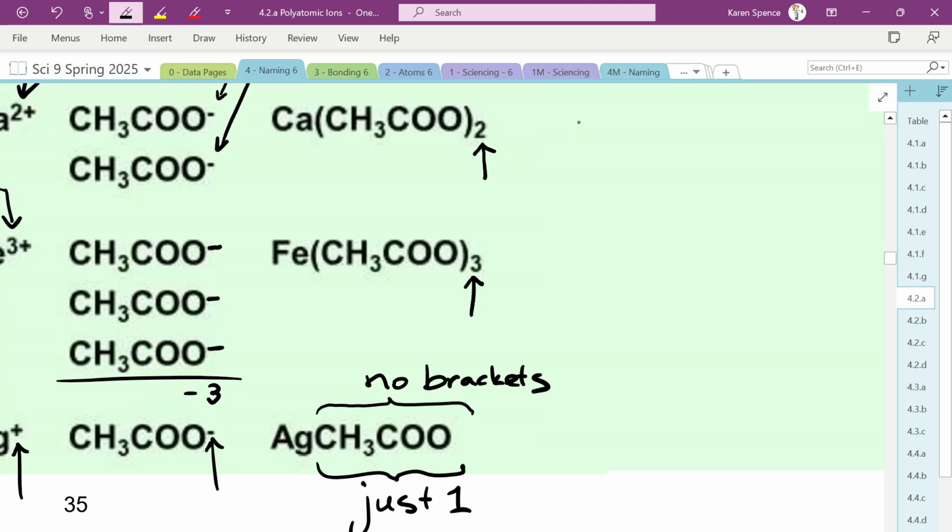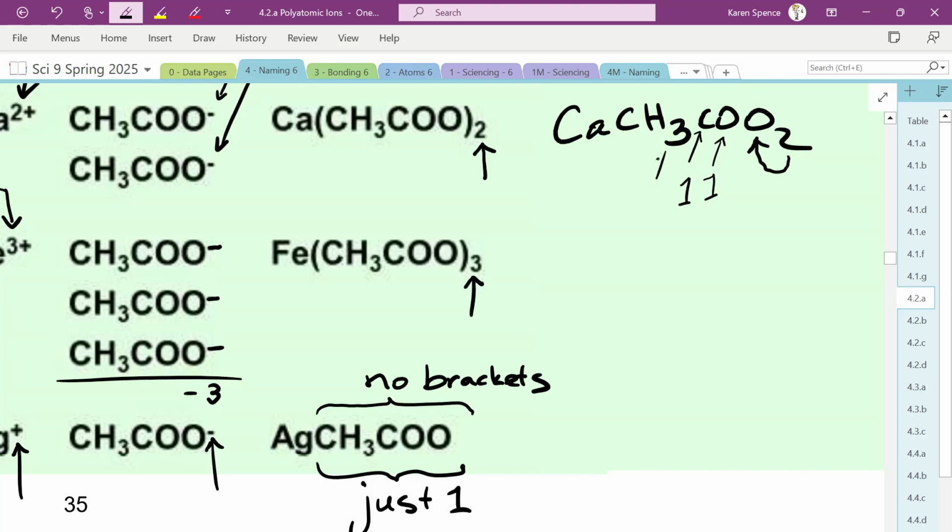Would it be okay to write CaCH3COO2? No. What that 2 would do is it would say, I only have 2 of this oxygen. I've got 1 of these, and 1 of these, and 3 of these, and 1 of these, where I should actually have 2 of these because the bracket says there's 2.